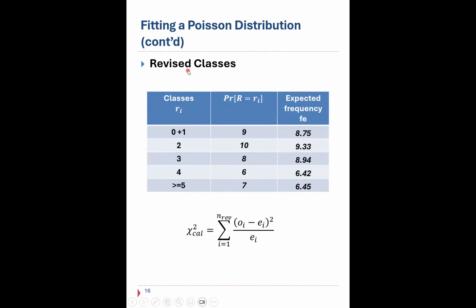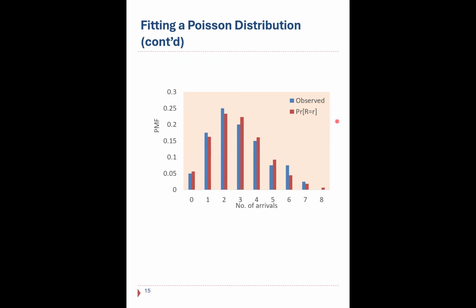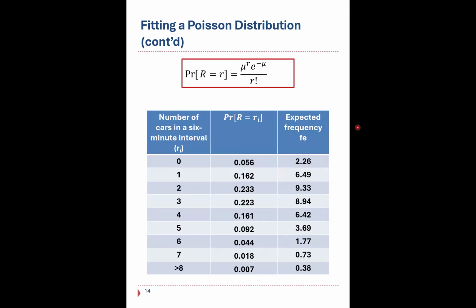So we go for the calculation of revised classes. There is a rule of thumb while applying the chi-square test, that near the tails towards the upper side and towards the lower side, the differences in the observed and predicted frequencies could be larger. Therefore, there is a rule of thumb that if the expected frequency is less than 5 in a class, then it should be merged with the class adjacent to that.